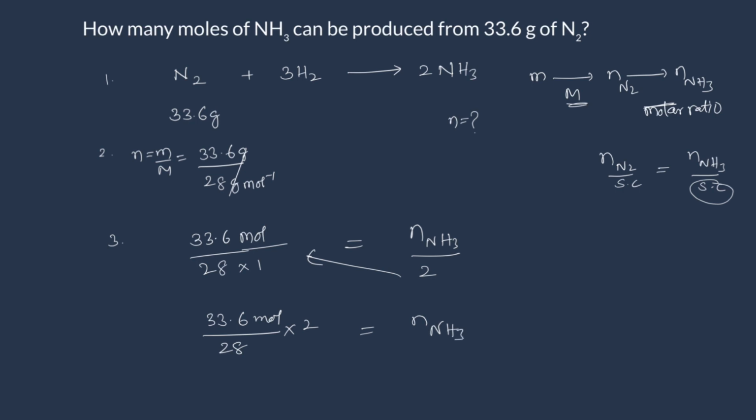Then this will be cancelled, 2 ones are 2, 14s are 14. After dividing, we get 2.40 mole. Therefore, the number of moles of ammonia equals 2.40 mole. This is the answer.